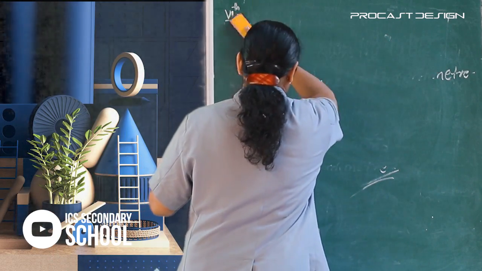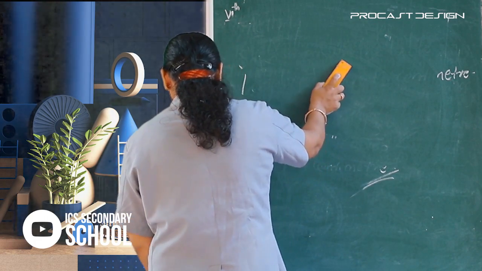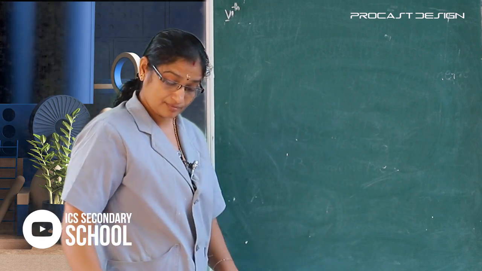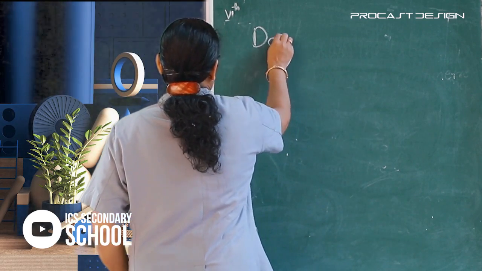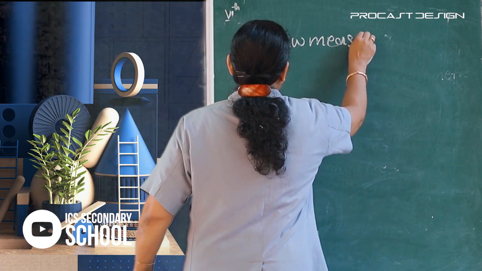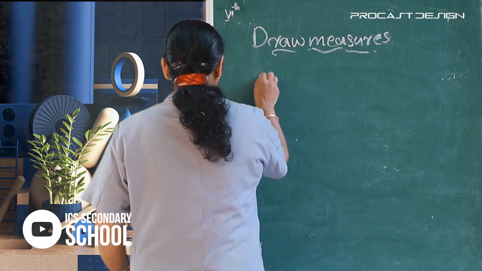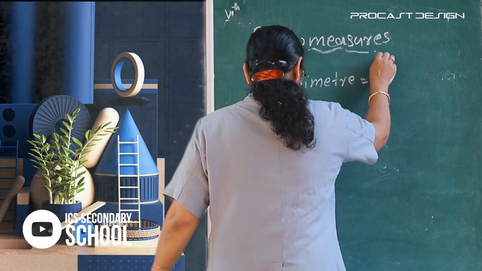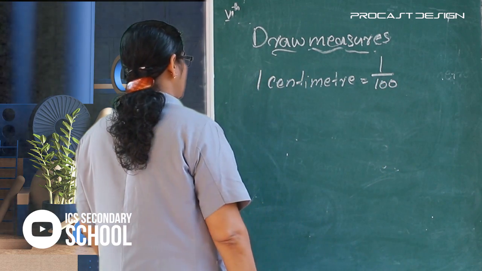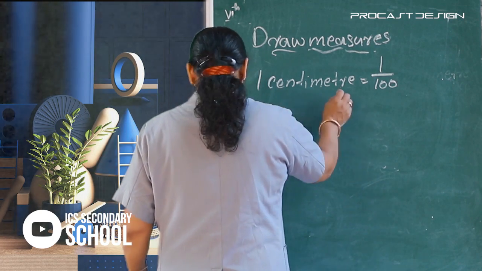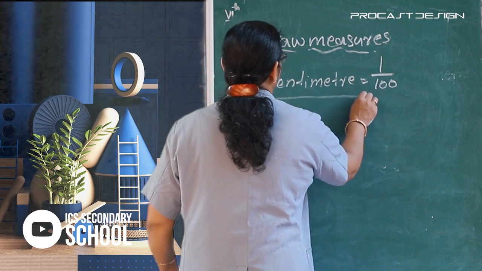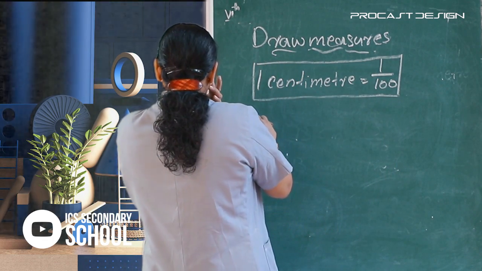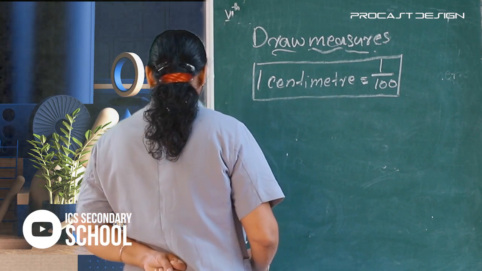Next, draw measures. 1 centimeter is 1 by 100.